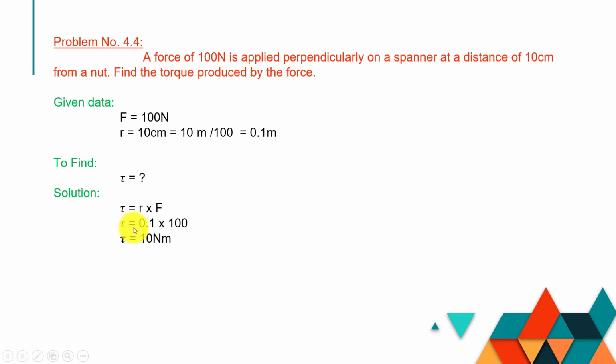So we get torque, which is equal to 0.1, which is the value of moment arm, multiplied by 100, which is the value of force. Now by multiplying these two terms, we get 10 Newton meter, which is the value of torque. So the torque produced by that force is 10 Newton meter, whereas Newton meter is the unit of the torque.